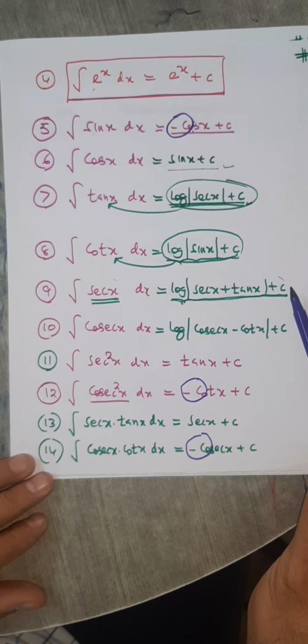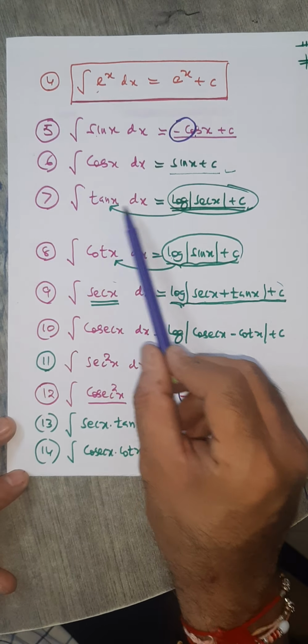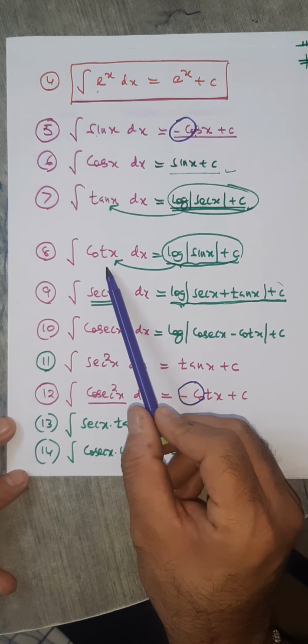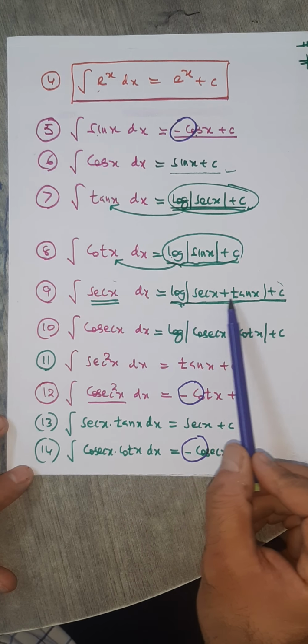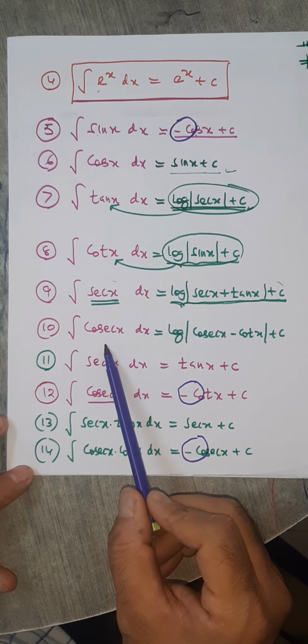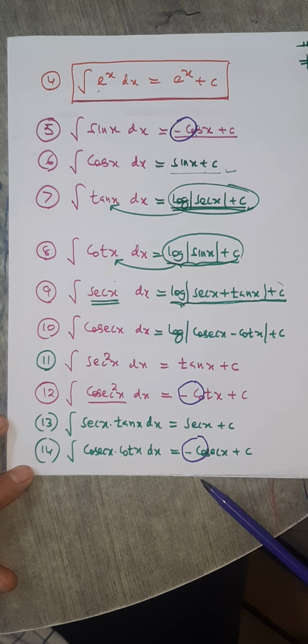Similarly here also. So these four functions are new for you. The others just come from the derivative. Integral of tan is log of mod of sec. Integral of cot is log of mod of sine. Integral of sec x is log of mod of sec x plus tan x. Integral of cosec x is log of mod of cosec minus cot. This just comes from the derivative only, remember.